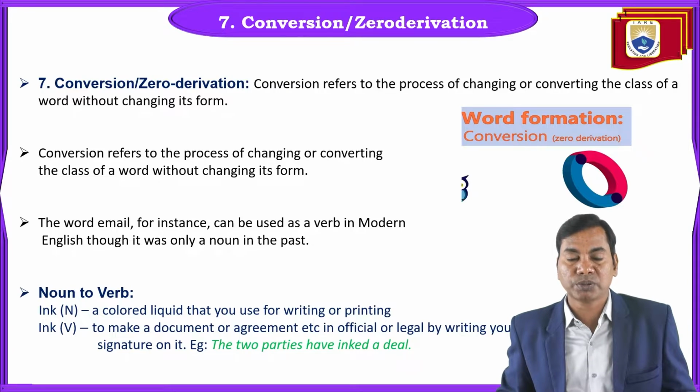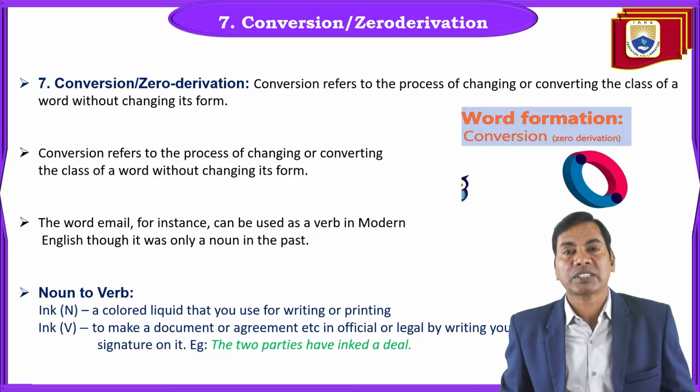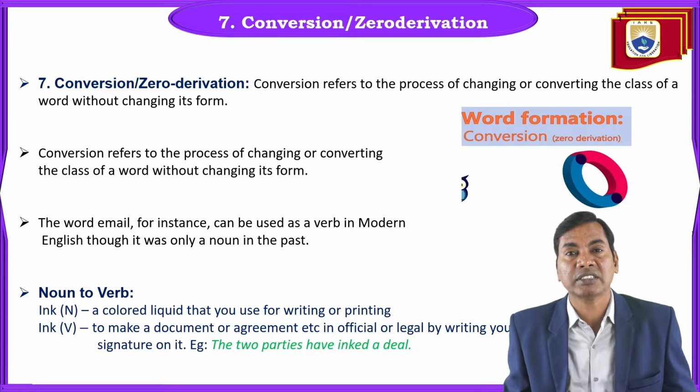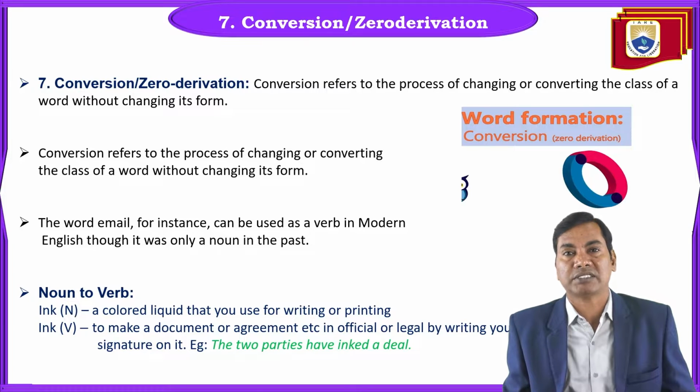Let's move on to the next one. This is very important. The seventh process of word formation is conversion, which in another word can be called zero derivation, right? It can be called in either way.